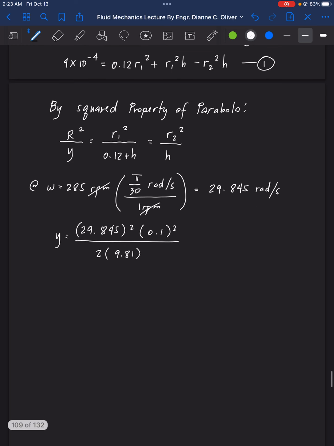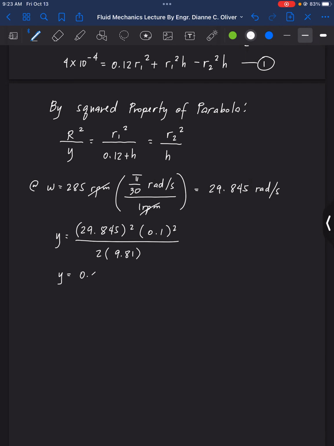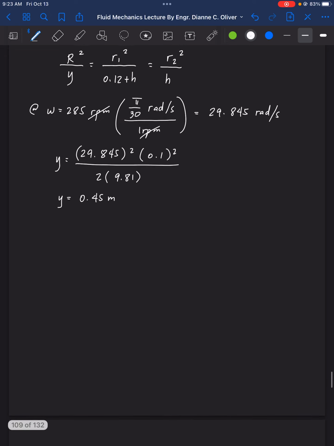So we can now have the value for y as 0.45 meter. Then going back to this squared property of parabola, we can now input there the r.